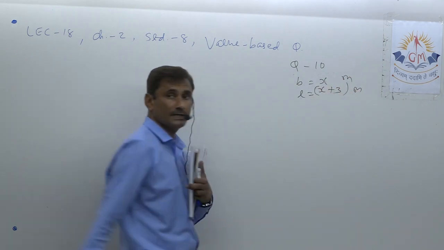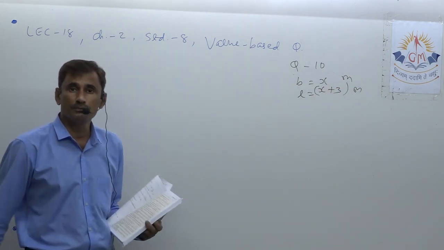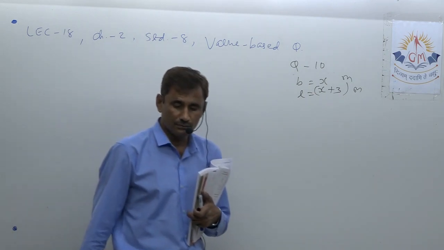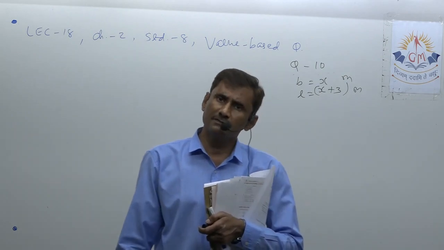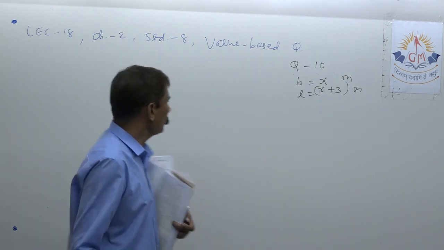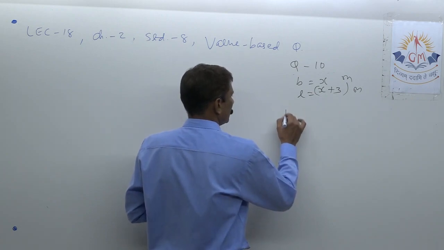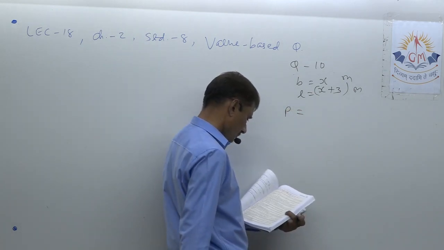According to their statement, the relation between both of them is given. And again I tell you, we always suppose the smaller number, so for a rectangle we will always suppose the breadth. Now the perimeter is given. How much? 30.